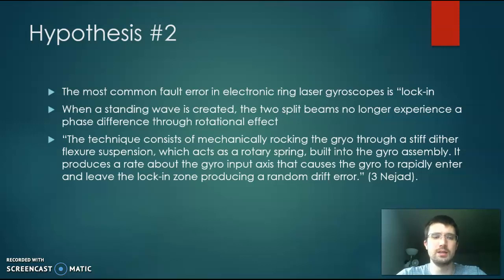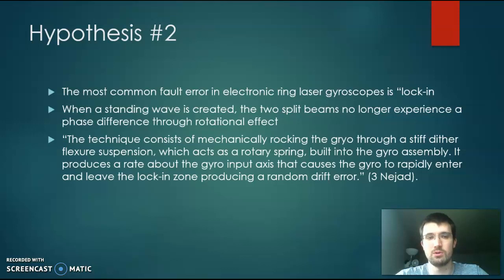Lock-in occurs when the 2 split beams lock together and create a standing wave. That standing wave becomes unmovable. No amount of rotation will change it. This creates no phase difference change.